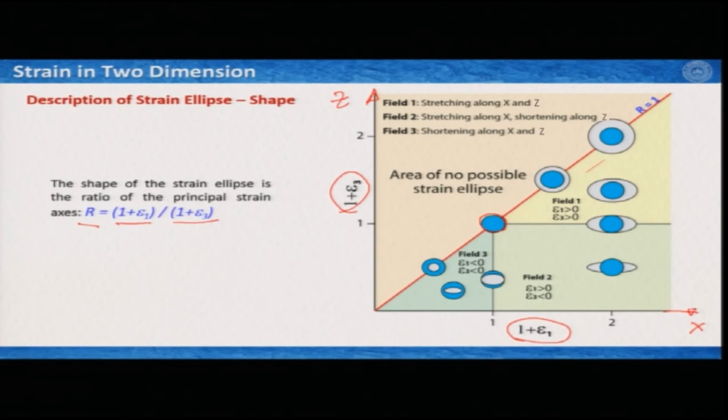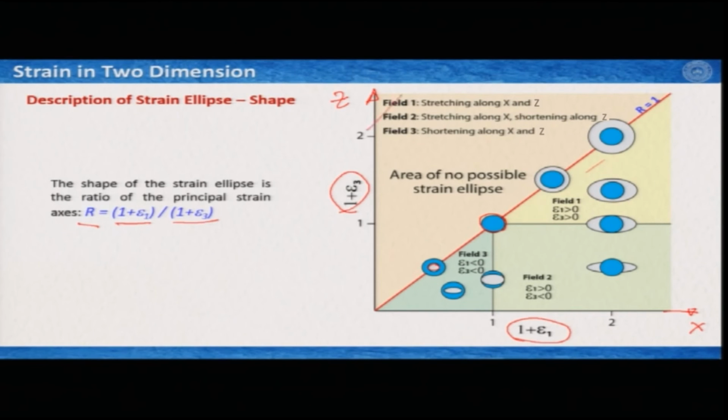But if we increase them along this line, both E1 and E3 would increase equally. So this originally blue circle would take the shape of a circle but with positive volume strain. If we come towards the downside, where 1 plus E1 and 1 plus E3 have values less than 1, it would shrink to produce a smaller circle.